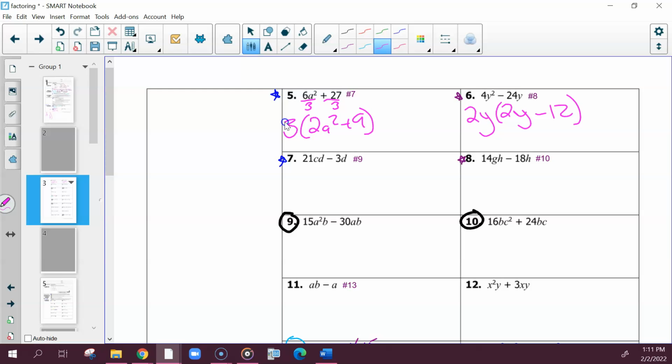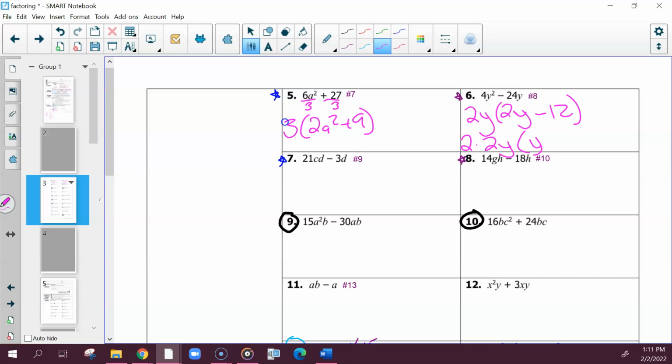Now my inside, I can still take a 2 out. If you get something like this where you can still divide something out, that means you didn't choose the highest GCF first. But that's okay, as long as you do this. I can divide 2 out of this again. So I'm going to bring that out to the front.